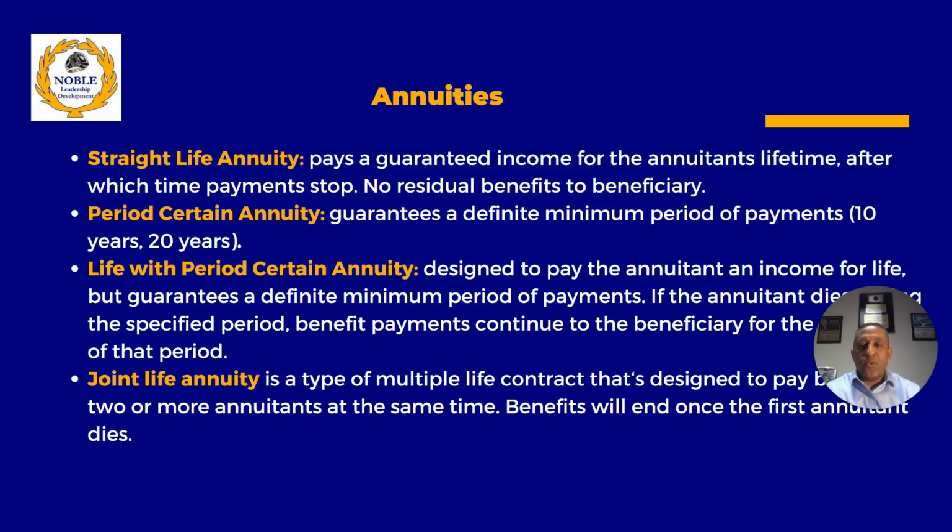A joint life annuity is a type of multiple life contract, which has more than one annuitant. They can be paid at the same time. Benefits will end once one of the annuitants dies. If one of the annuitants dies, that's called first to die, and that's a joint life annuity.